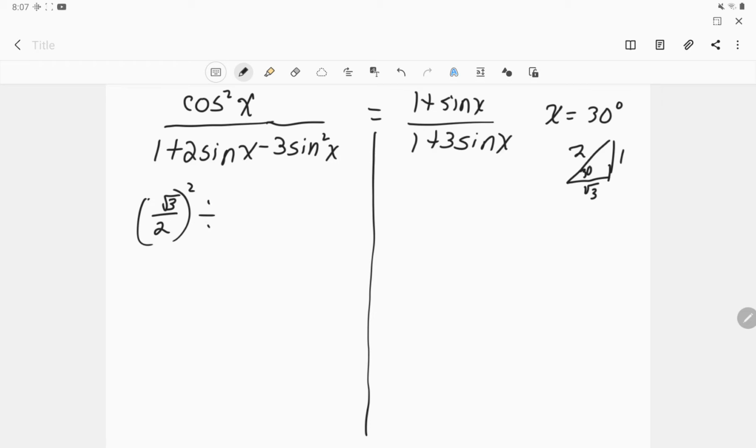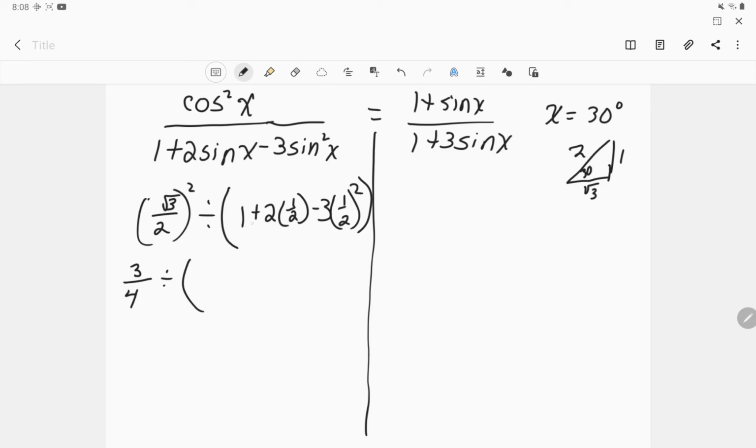Now, I'm going to write it horizontally, divided by 1 plus 2 times sine of 30, and sine of 30 is a half, minus 3 times sine squared of 30, and sine of 30 is a half, squared. Okay. So I have root 3 over 2 squared. That is 3 over 4.